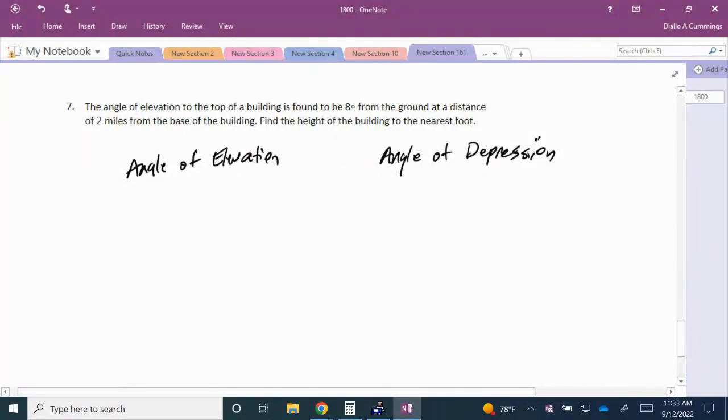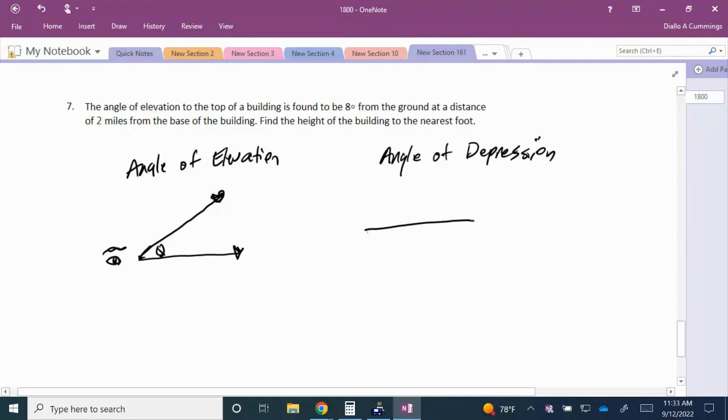So for the angle of elevation, we have our horizontal, and that angle of elevation is going up. If we think about this as a line of sight, here is actually the eye level, which is at the horizontal, and an angle of elevation would actually look up. Your line of sight is always at the horizontal. So this is our angle of elevation.